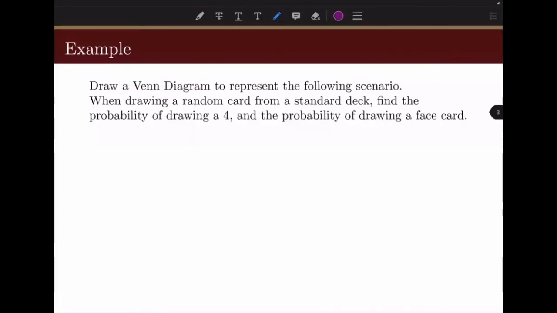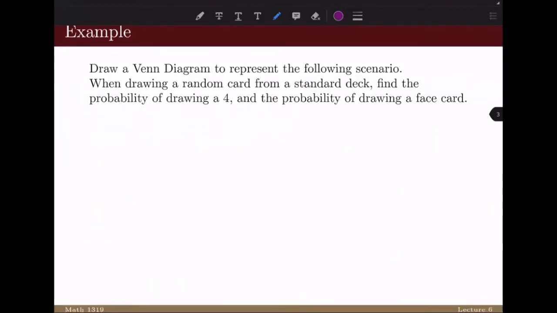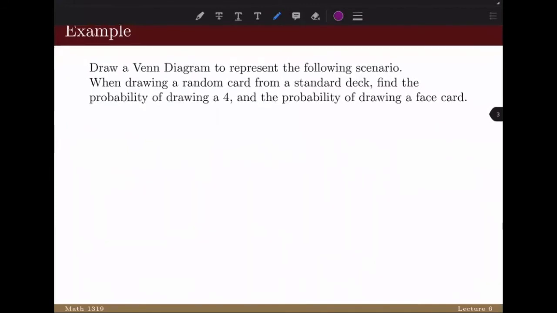All right, example. Draw a Venn diagram to represent the following scenario. When drawing a random card from a standard deck, find the probability of drawing a 4 and the probability of drawing a face card. When you draw a 4, we'll have this group here.